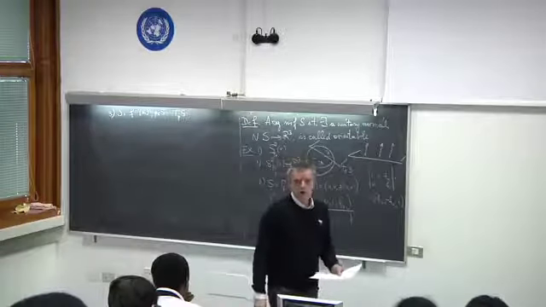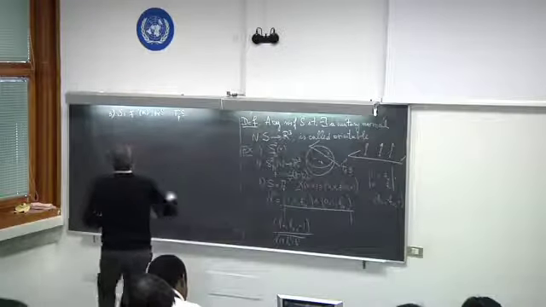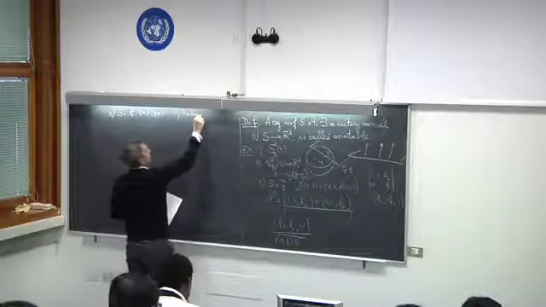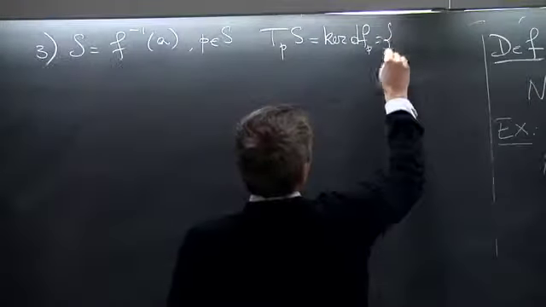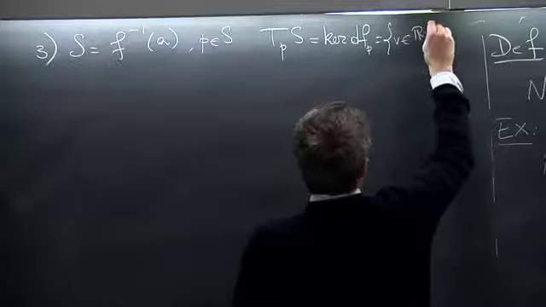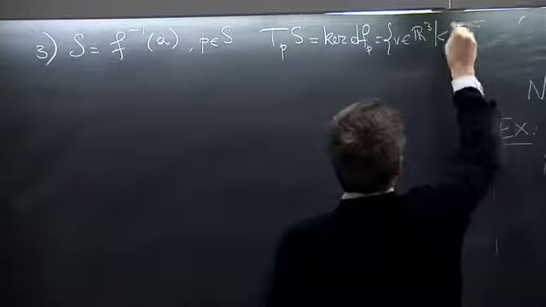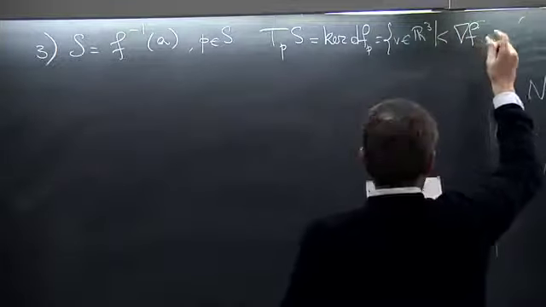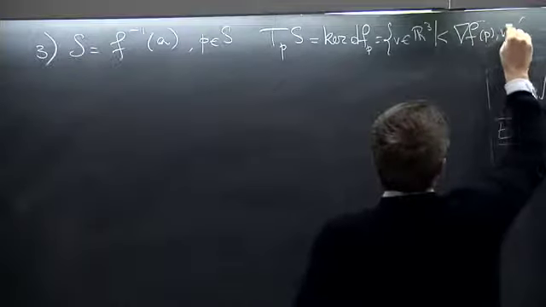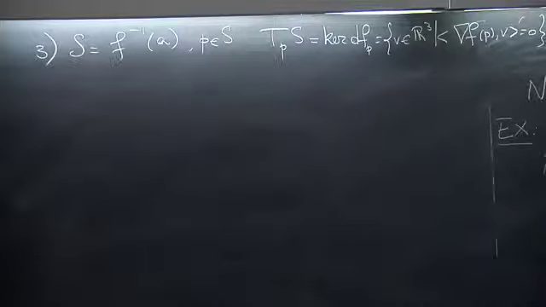It's the kernel of the differential of f. And when we discussed that, we observed that you can write it in this form. It's the set of vectors v in R3 such that the scalar product between the gradient of f at P and v is equal to 0.